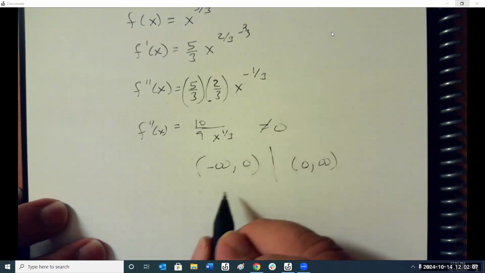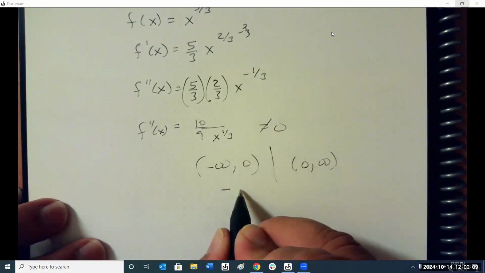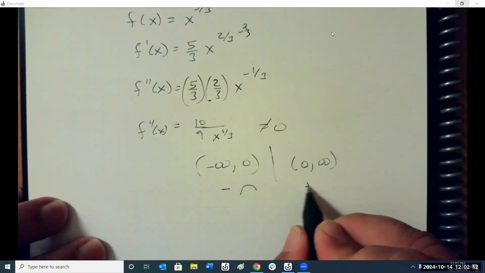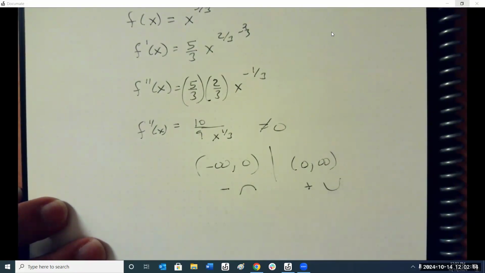A negative number to the power 1/3 is negative, so it's concave down, and this one's positive, so it's concave up.